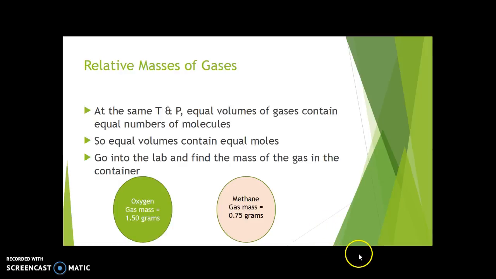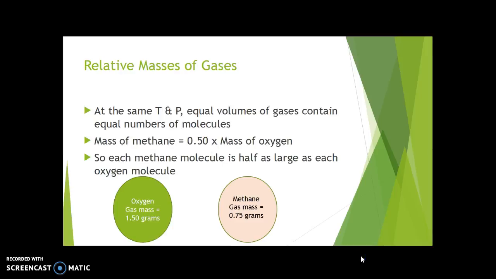If you look at these and we realize that each one of these containers has the same number of molecules, then we can reason that the molecules of oxygen must be twice the mass of the molecules of methane, or in the other way, the methane molecules must be half the mass of the oxygen molecules.